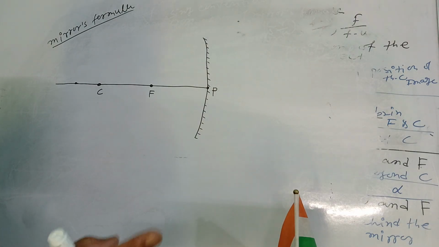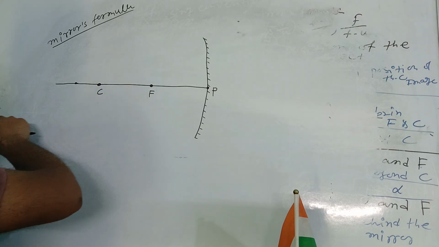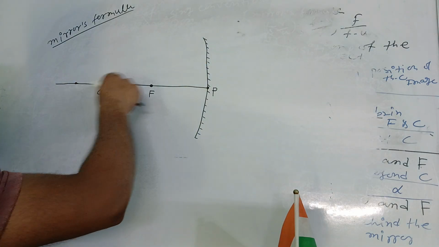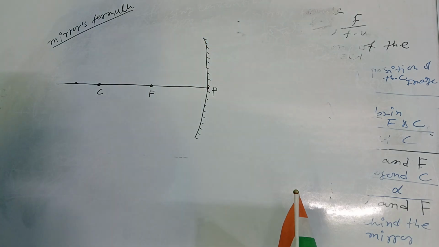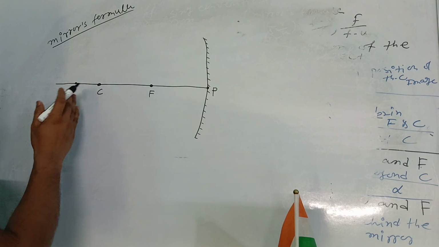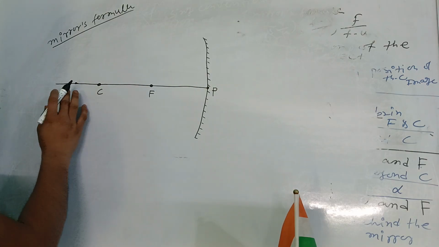So we have to take one incident ray. I am taking a ray coming from that side, passing through this point and reflected from this surface. You can take the object at C or between C and F, but I am taking the object over here.